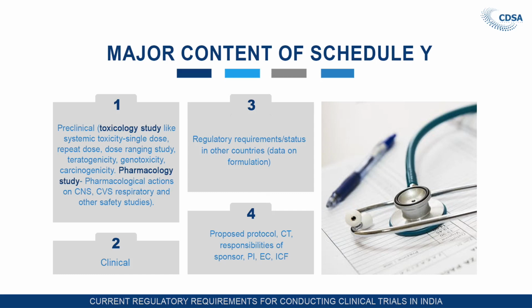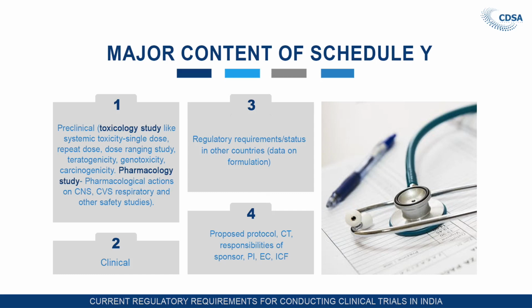Then in preclinical, the Schedule Y mentions two aspects. That is toxicological study like systemic toxicity study, single dose study, repeat dose study, dose ranging study, then teratogenicity, genotoxicity, carcinogenicity. All the studies are mentioned. Then the second part is pharmacological safety study in the animal.